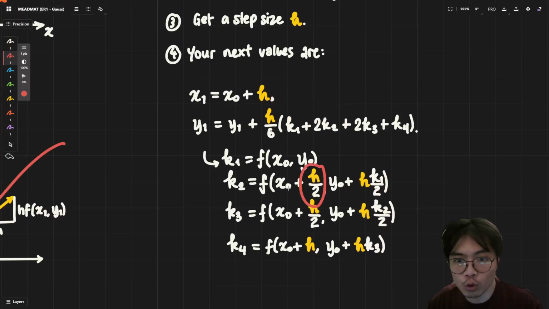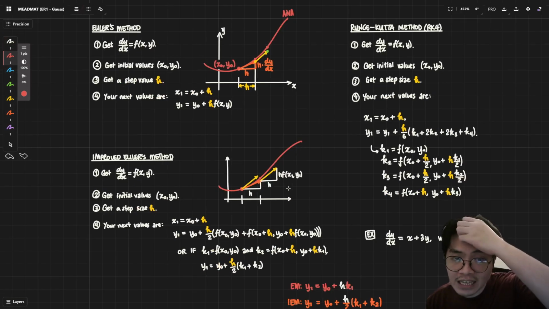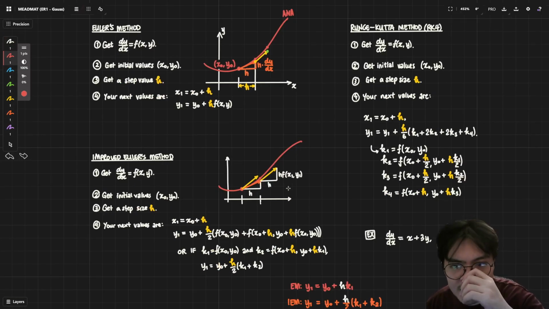Look at this, h over 2, right? What you are now trying to do is make this as truthful, or rather as accurate as possible, without sacrificing the need for smaller and smaller values of h.